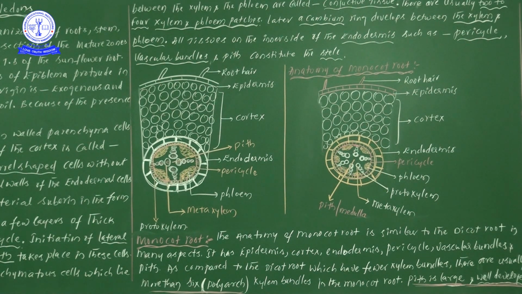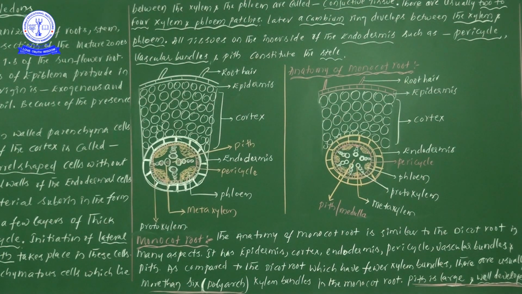Suppose in an exam they ask about the monocot root and you have studied only the dicot root information. You can write the entire information of the dicot root, but while writing you have to concentrate on the xylem and pith.